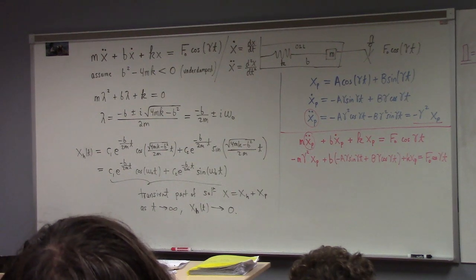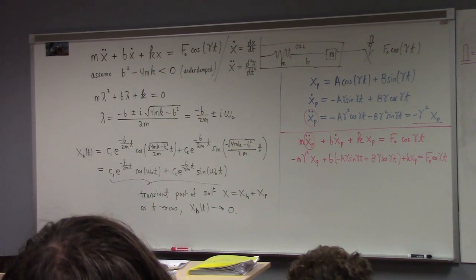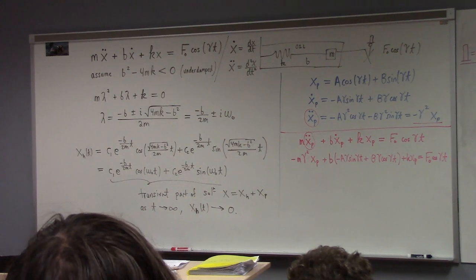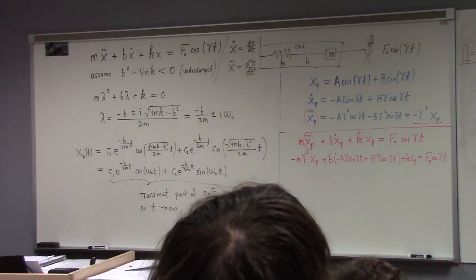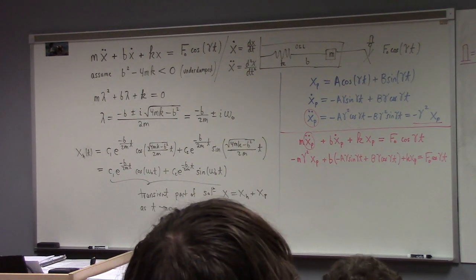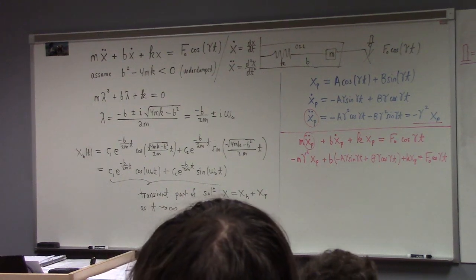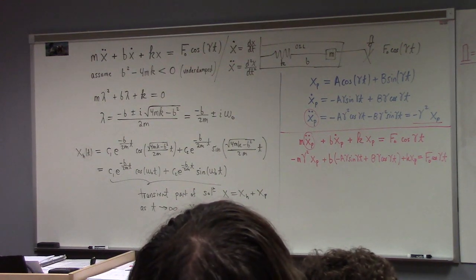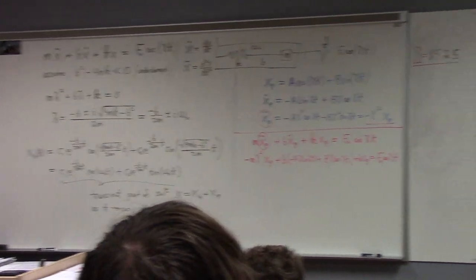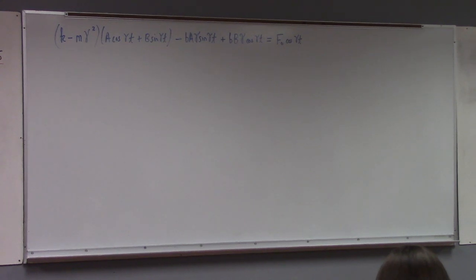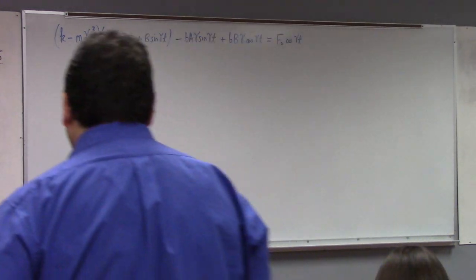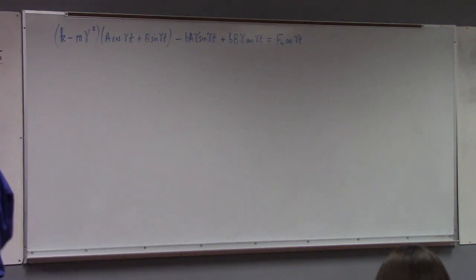Oh, I lost my gamma. Gamma cosine gamma t. I already got the xp term, and all that equals f naught cosine gamma t. All right. Excuse me. You guys follow me so far? I hope. So then what?